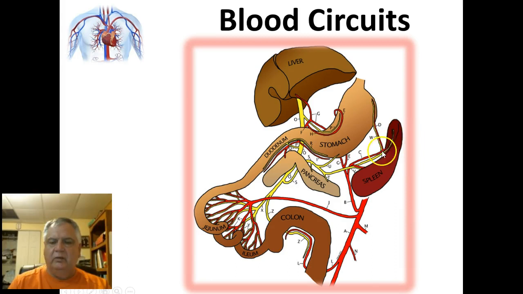So we can see the hepatic portal system has veins associated with the spleen, the pancreas, the stomach, the duodenum, all the components of the small intestine, and the colon, parts of the large intestine as well. So anything that's going to be coming out in exchange from these areas is going to be transported into this one large hepatic portal vein, which is going to deliver the blood into the liver for processing.